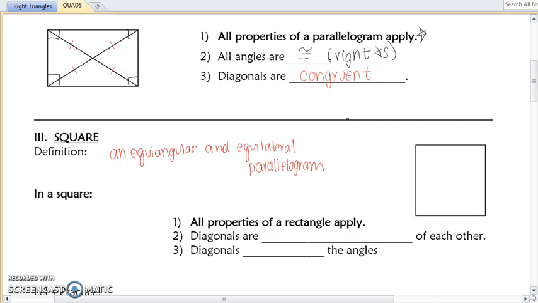So that definition tells us a lot. We will have all equal angles and also all equal sides. So really, this is our regular quadrilateral, right? All congruent sides and all congruent angles that we've talked about.